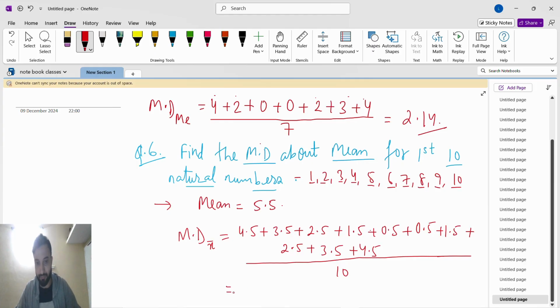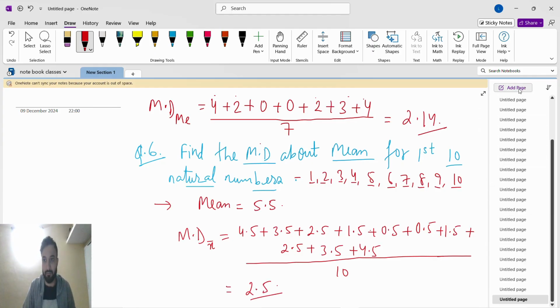So we will add it. 4.5 plus 3.5 plus 2.5 plus 1.5 plus 0.5 plus 0.5 plus 1.5 plus 2.5 plus 3.5 plus 4.5, you get 25. 25 divided by 10, you will get 2.5. Yes, the answer is 2.5.